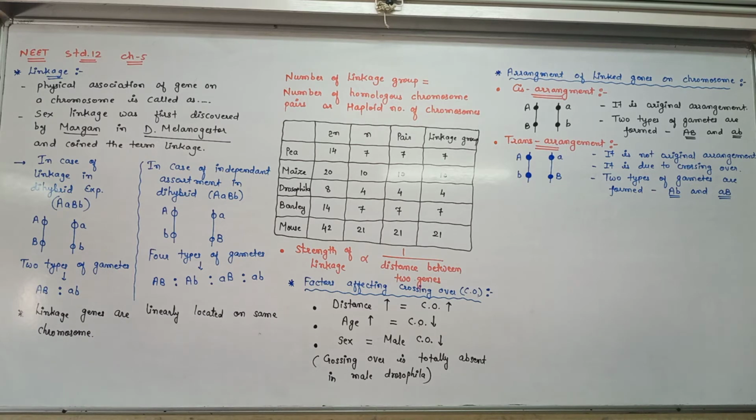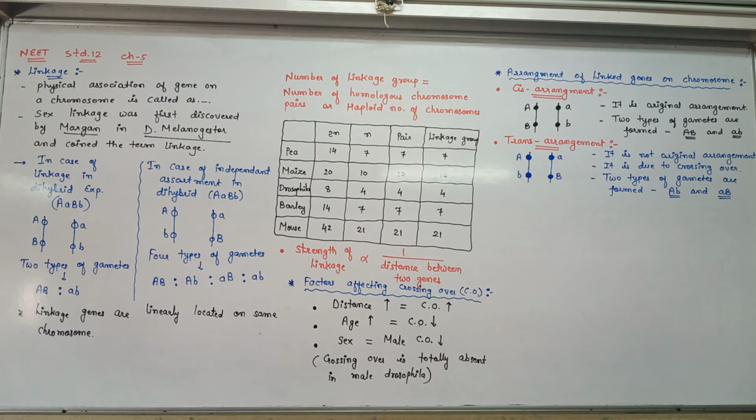The dominant gene's contrasting recessive gene is present on the other side, and the recessive gene's dominant gene is present on the other side. It is not the original arrangement. It is actually due to crossing over, and two types of gametes are formed.